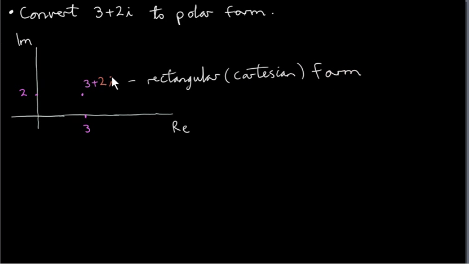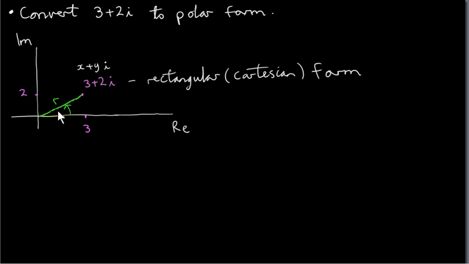So in general, a complex number in rectangular or Cartesian form would be given by x plus yi. Now an alternative way to specify a complex number is to give its distance to the origin, which is the modulus of the complex number, denoted by the letter r, and the angle that it makes measured anti-clockwise from the positive real axis.